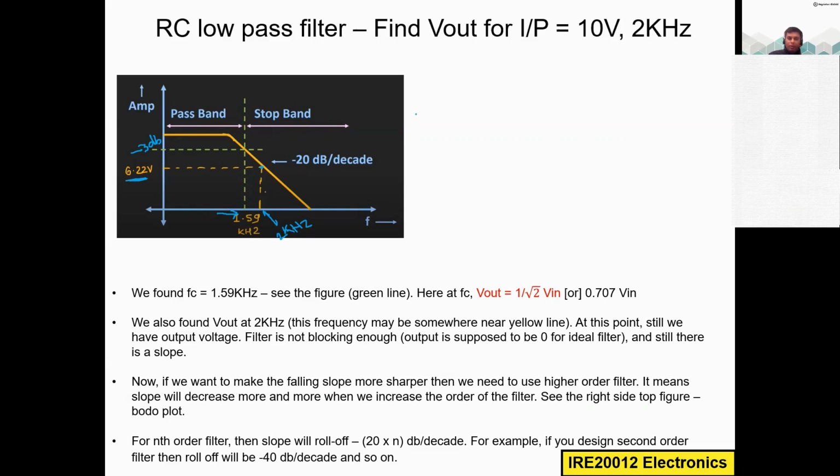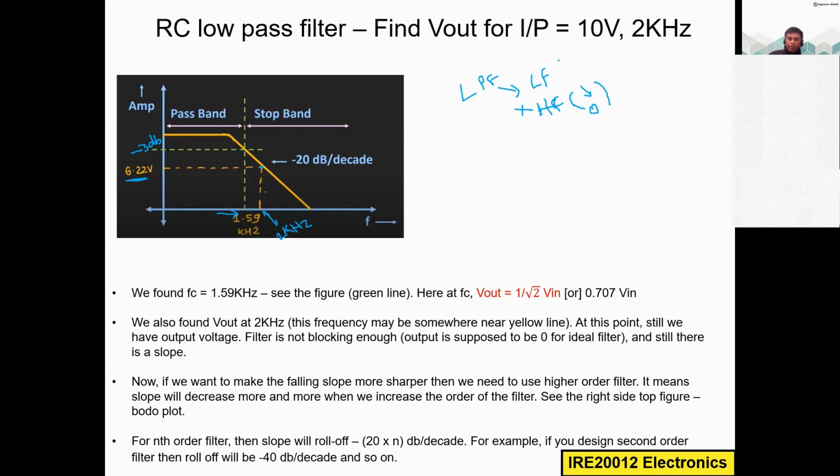So remember, what is a low pass filter? In a low pass filter, we want to pass only the low frequency signals and stop the high frequency signals. It means whenever the frequency changes to high, the output value should go to 0, right?